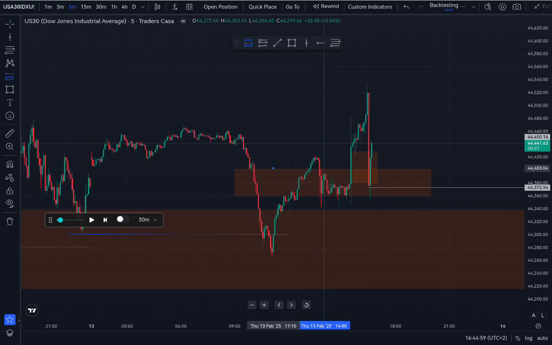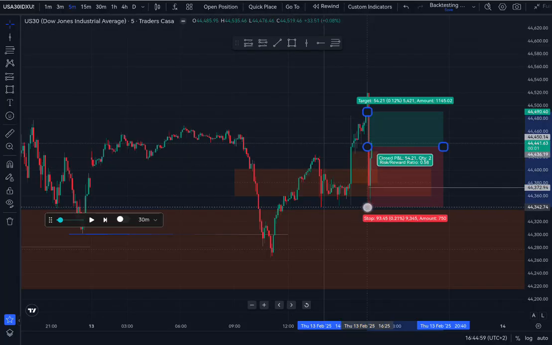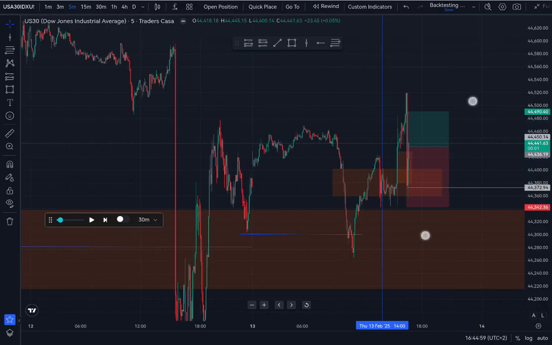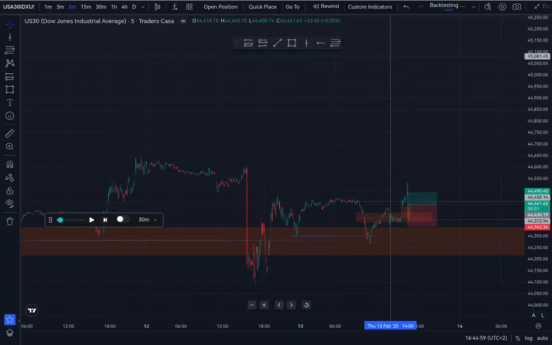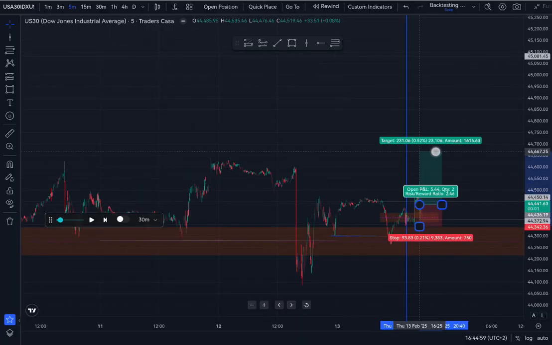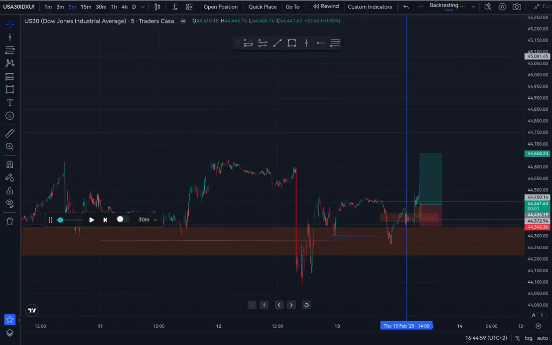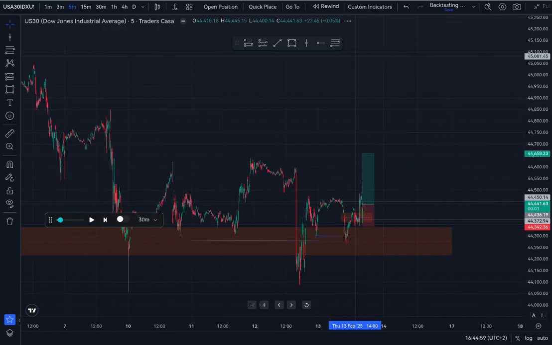Like for example, I will take a long right there where price is and put my stop at the low of this candle right there, and then target higher time frame TP zones. I can target this buy side liquidity over there, which is pretty nice.